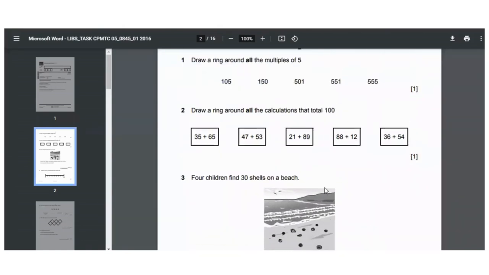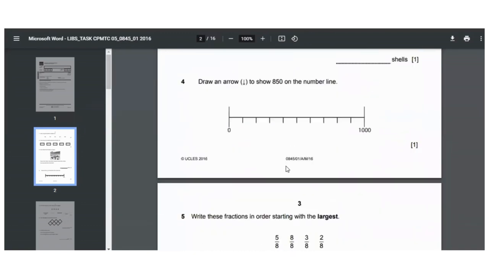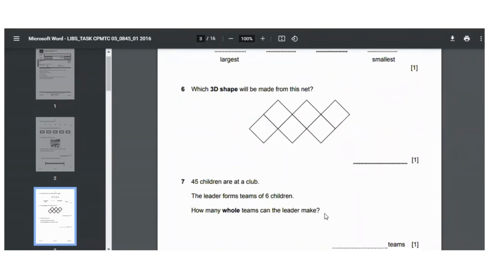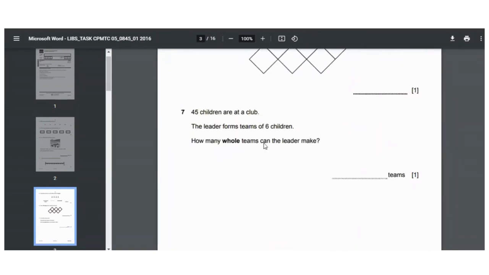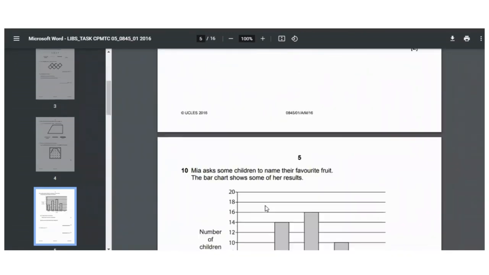Here you can see for maths as well, it's more like circling the numbers and marking things on scales, ordering things, basic 3D shape ideas, small division questions, basic shapes. So nothing out of syllabus, right?